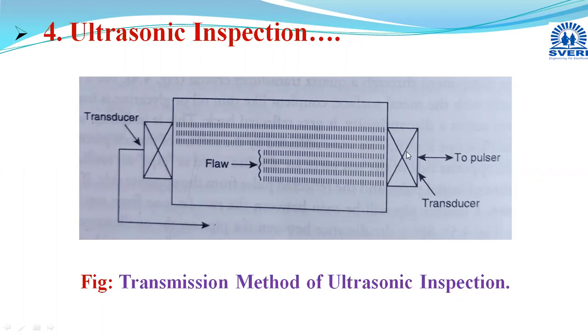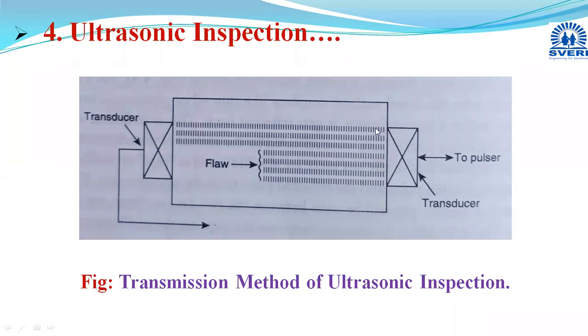The first transducer will transmit pulses through the workpiece, and the second transducer at the opposite end will collect the pulses that have passed through the specimen and give the signal on the CRO screen.